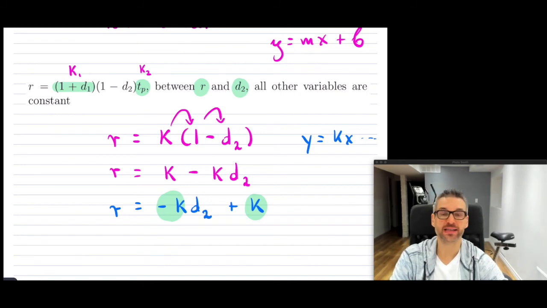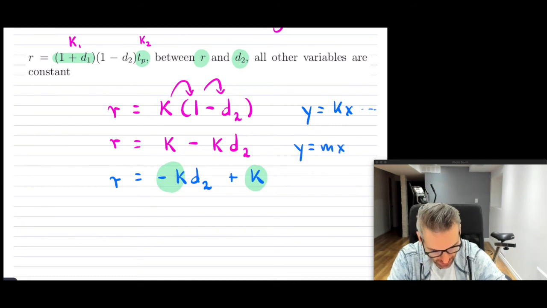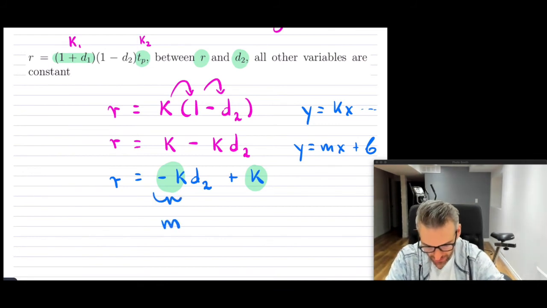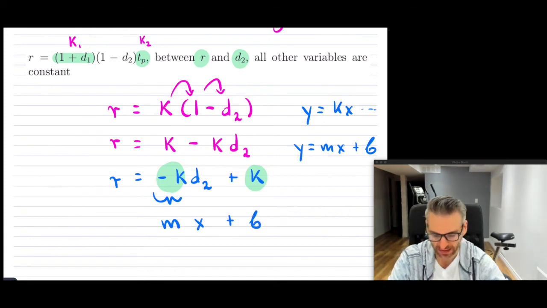It cannot be an inverse proportion either, because my variable is not in the denominator. Now, is this linear? Remember, linear means that it should look something like this: something in front of the variable plus some b. Well, it does look linear. So this is your m, this is your x variable, and this would have been your b.